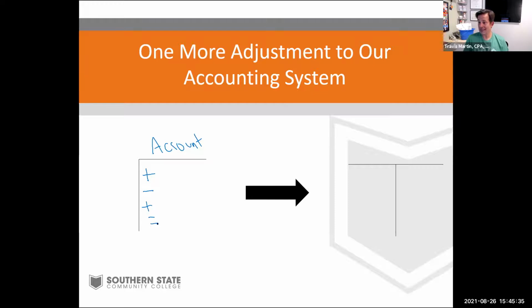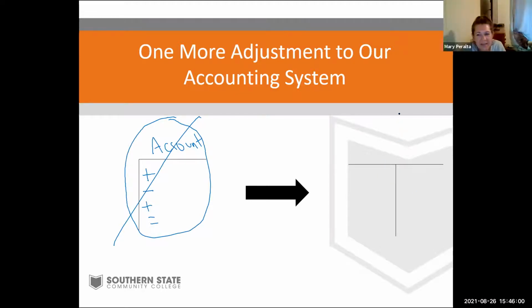We did our transactions like that. That's not the way it's done in the proverbial real world. In the real world, every account has two sides to it. And I don't know if I should throw this out there or not. We'll see if anybody can take it. Anybody know what this account format here is called?